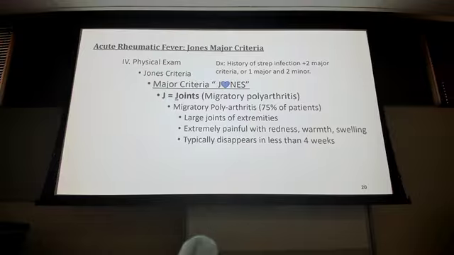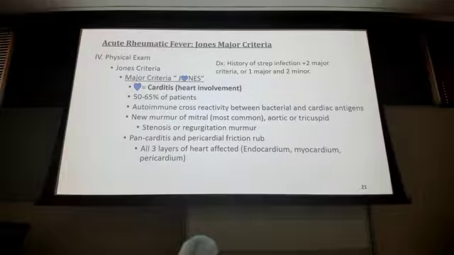You may even be suspicious of a septic joint. But this is something that, if we don't do any treatment for it, will resolve over time, but it may take a month to go away. Okay. So that's the J in Jones.